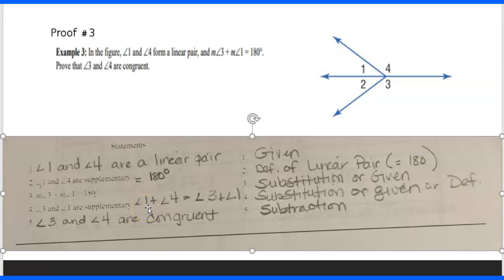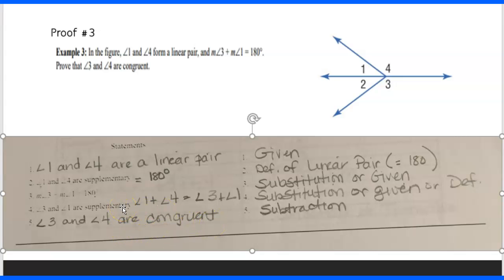Then I put in an additional step, because I wanted you to be able to see this: angle 1 plus angle 4 equals angle 3 plus angle 1. And there I'm putting in substitution, but then I'm going to subtract. So I'm going to subtract out the angle 1 and the angle 1. And then I get that angle 3 and angle 4 are congruent.